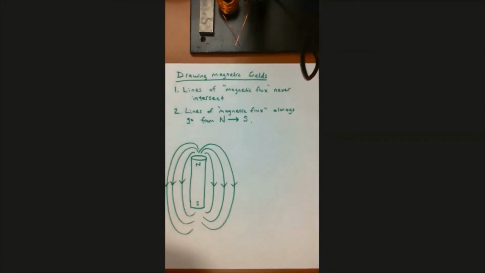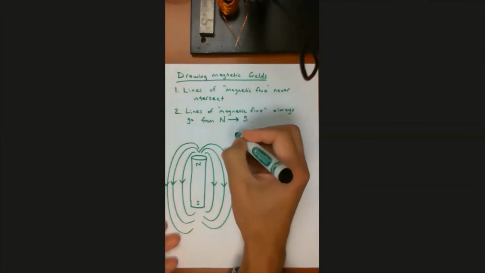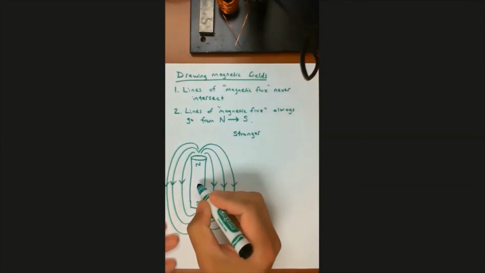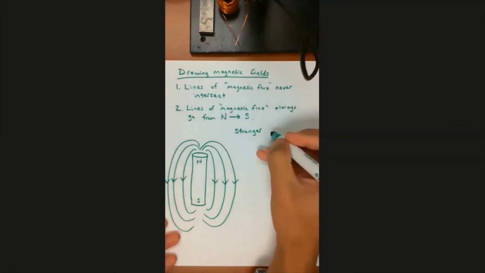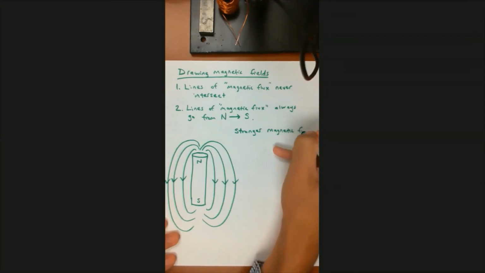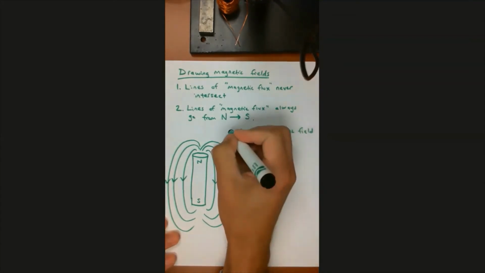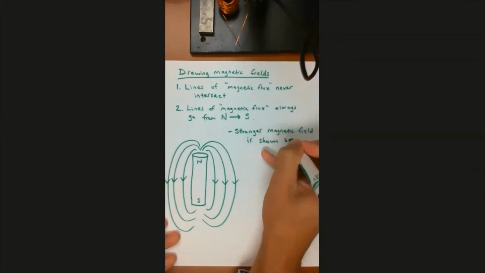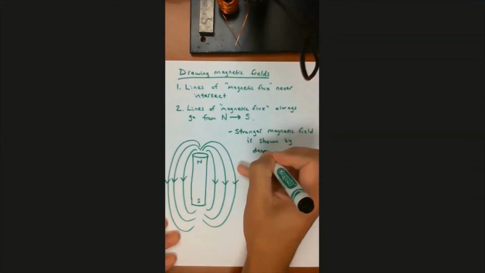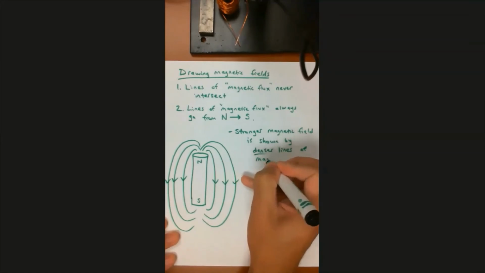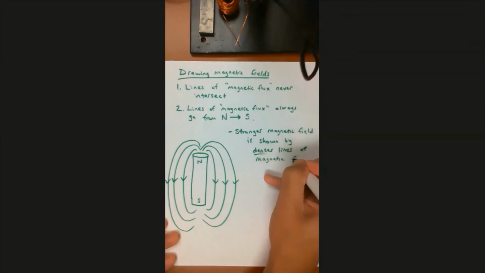All right, now let's say I want to draw a stronger magnetic field. So I'm replacing this bar magnet with a stronger bar magnet. A stronger magnetic field is shown by denser lines of magnetic flux.